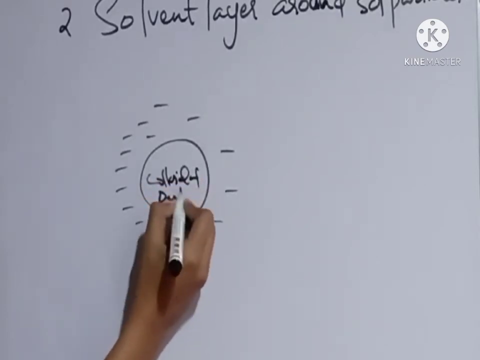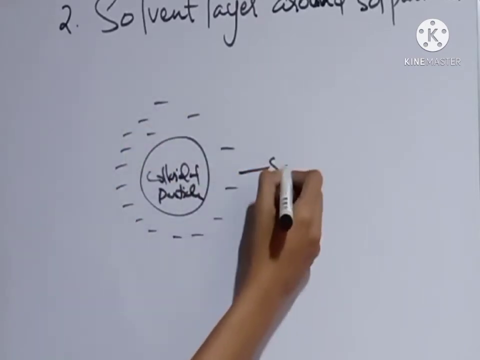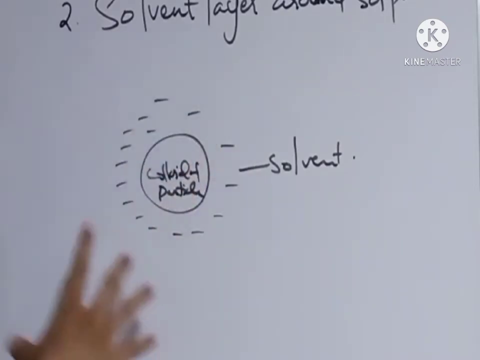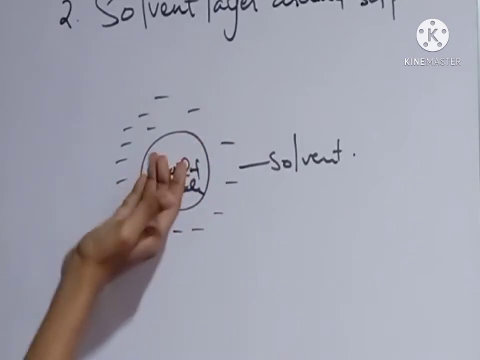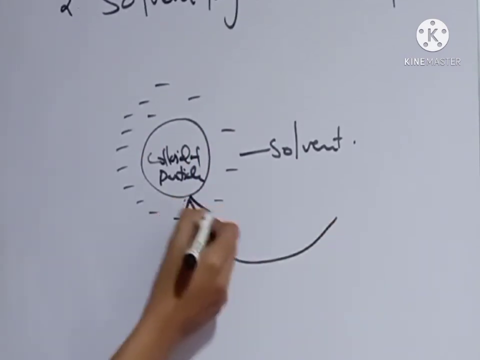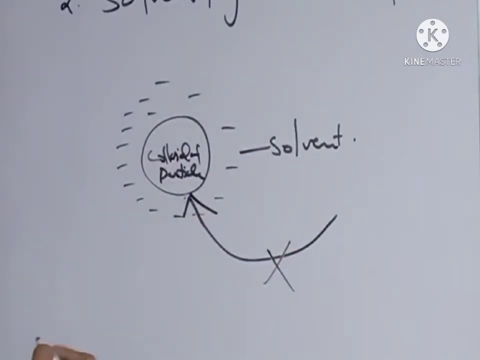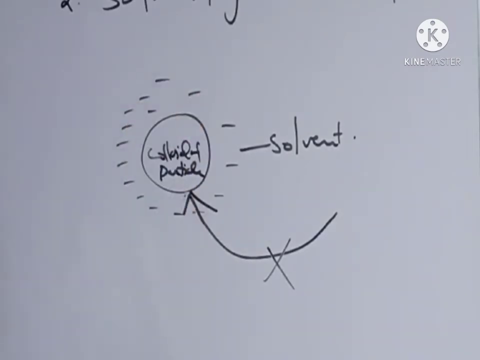The colloidal particle is bound with a layer of solvent. And this layer of solvent acts as a barrier which will not allow the interaction of the particles that leads to coagulation. So coagulation will be prevented by this layer.